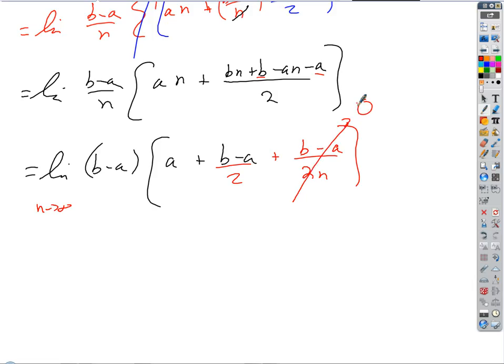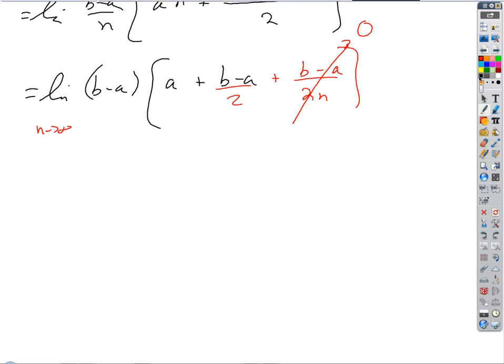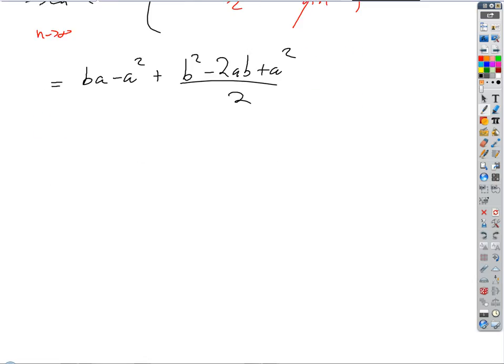Right? Okay, and here's where the magic happens. Now if I distribute, what am I going to get? So if I distribute this through, I'm going to get ba minus a squared plus (b minus a) times (b minus a), which is going to be b squared minus 2ab plus a squared, over 2, right? If I add up, let's get a common denominator.